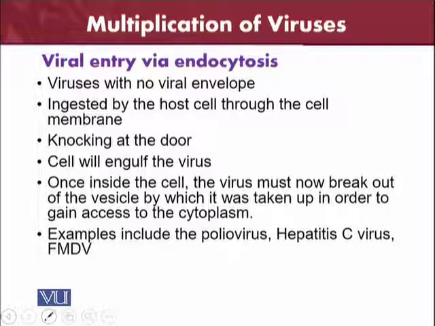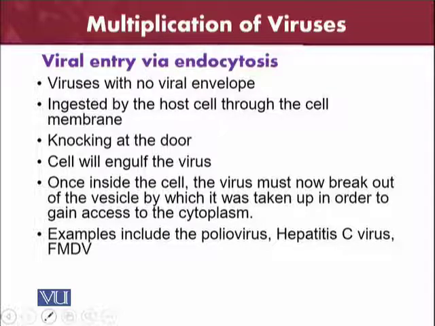It considers them just like its own body, or as food particles coming from the outside environment. They will be just at the door, like knocking at the door, and the cell will engulf the virus. Once inside the cell, the virus must break out of the vesicles by which it has been taken up in order to gain access to the cytoplasm.